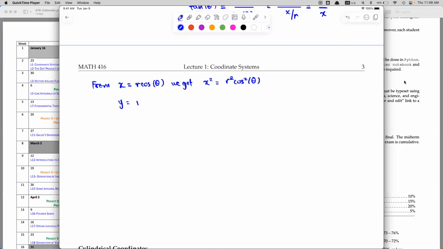For y equal to r times sine of theta, we get y squared equal to r squared times sine squared of theta. Then I'm going to add these two equations together. We get x squared plus y squared equal to r squared cosine squared theta plus r squared times sine squared of theta.